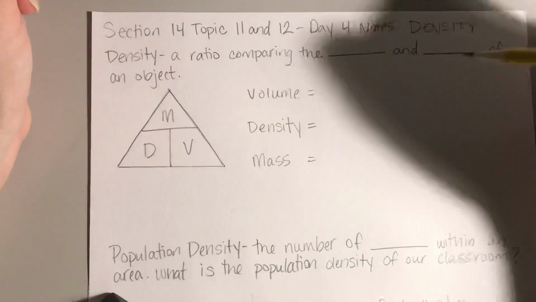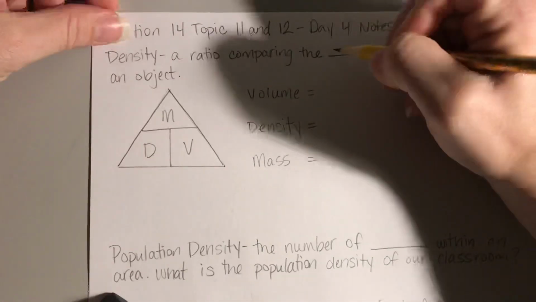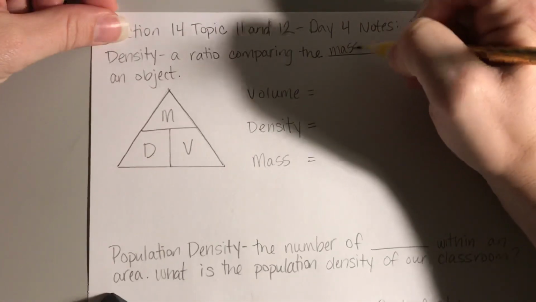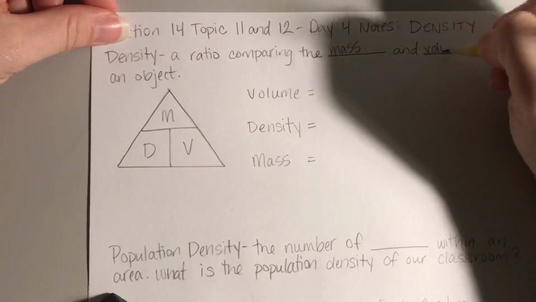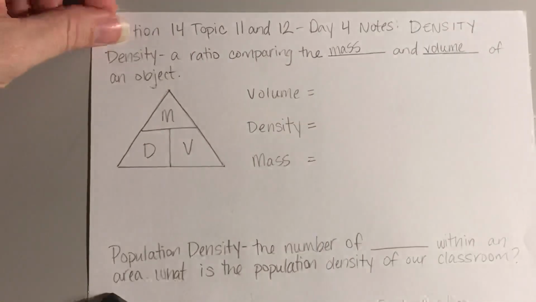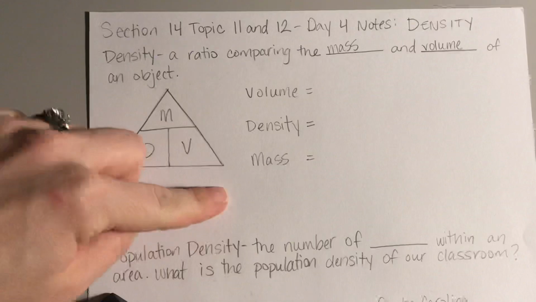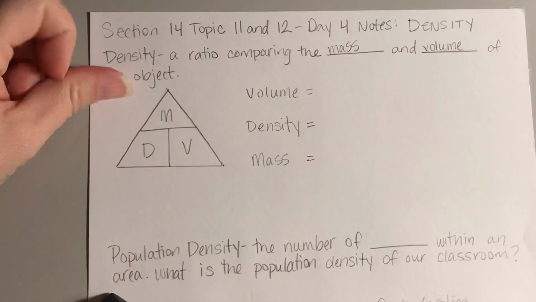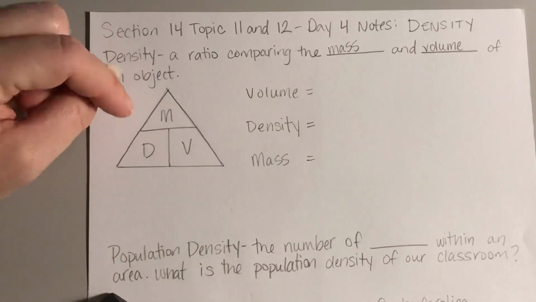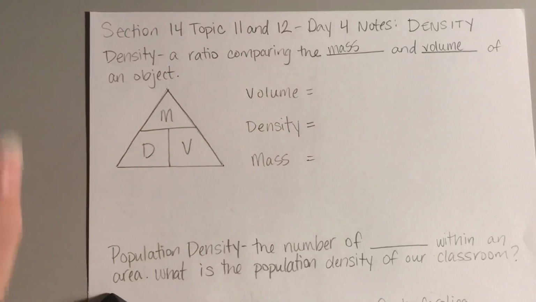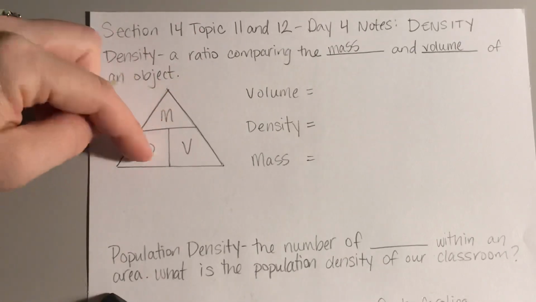Okay, so a density is just a ratio comparing the mass and volume of an object. All right, and I like to call this the density triangle. The three variables that we're using here are going to be mass, density, and volume.